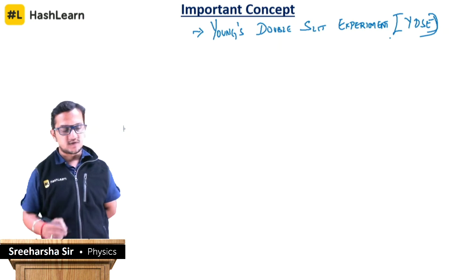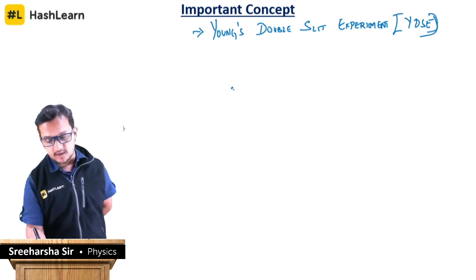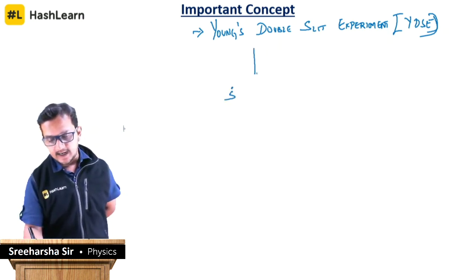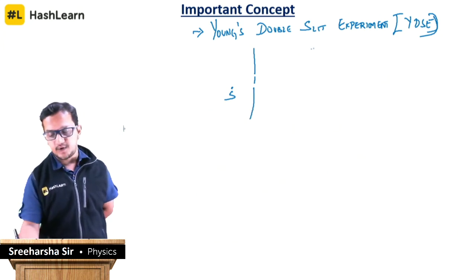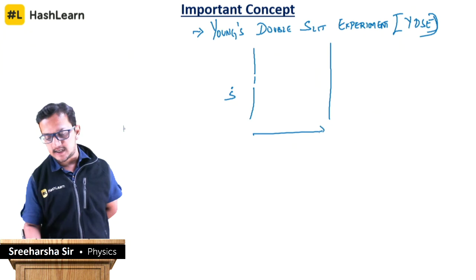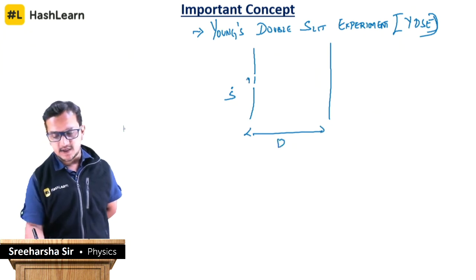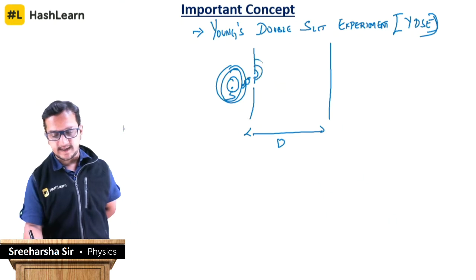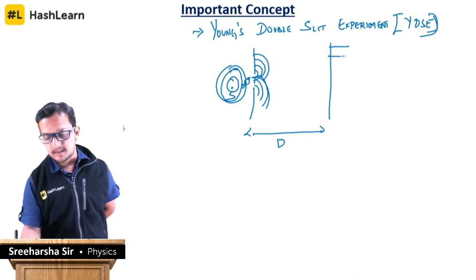What happens here is you have a source of light, two small slits, and a screen. This is your capital D and this is your small d. Now these spherical waves, when they reach here, form two wavefronts, and when they go, you have a dark band or a bright band.